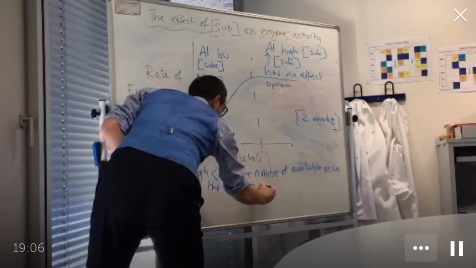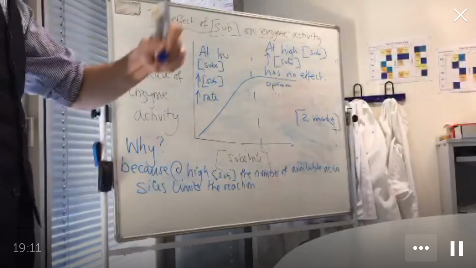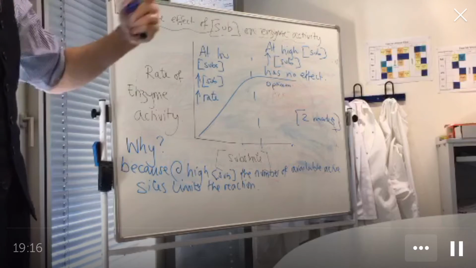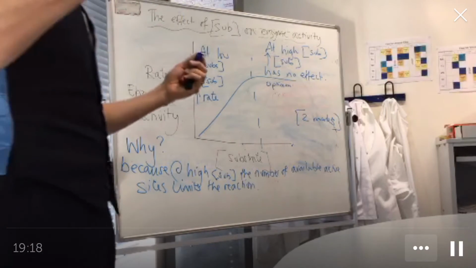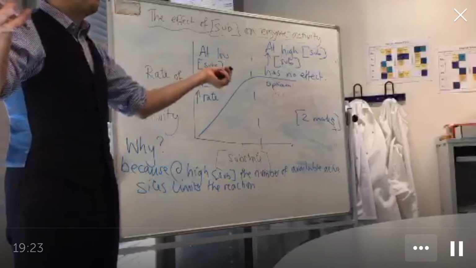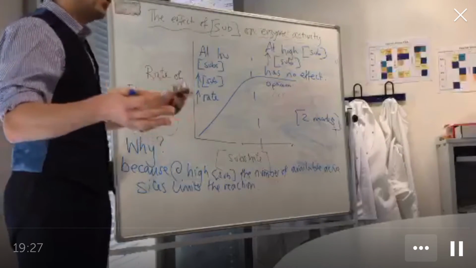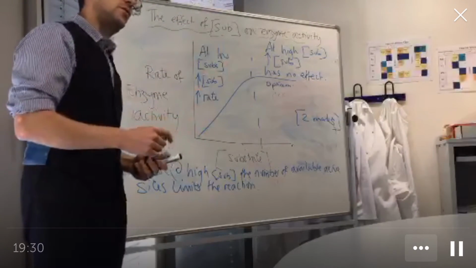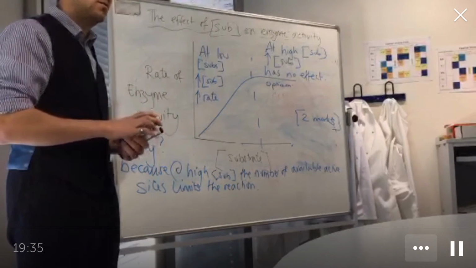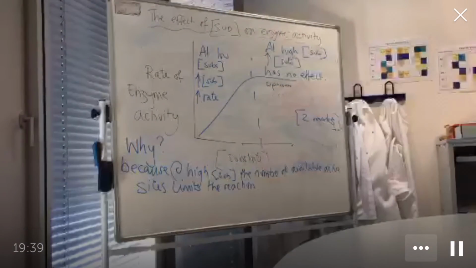It means if you've got 100 enzymes, at some point all of those active sites are filled with substrates and are working at their fastest speed. You can keep adding more and more substrate and it's not going to have an effect, because those active sites are all filled. To speed up the reaction, you have to increase the concentration of the enzyme itself. Any questions about that?